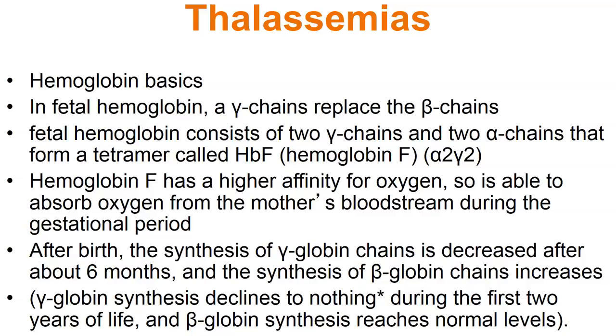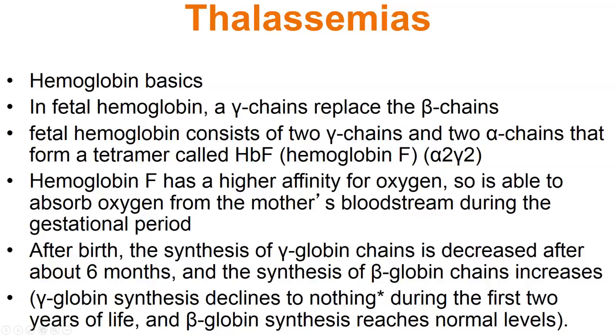So the HbF has to be a little bit different. It actually has to have a little bit higher affinity to be able to pull oxygen from the mother. So that's the difference with fetal hemoglobin. It's got a higher affinity for oxygen. Now, it's still within the range where it can still deliver oxygen to tissues, but it's a little bit higher affinity, okay?